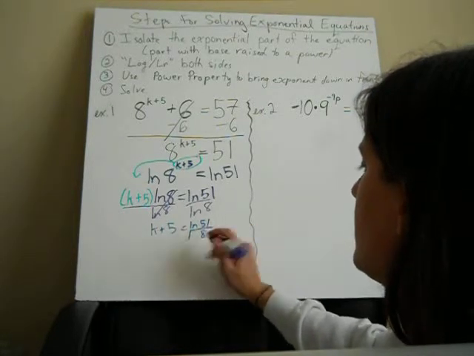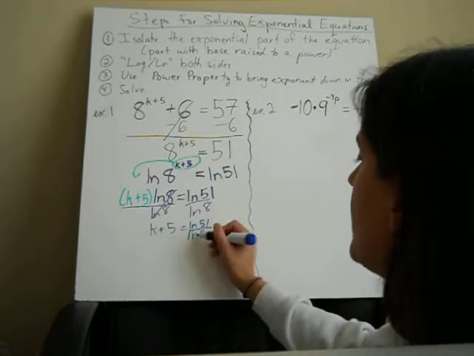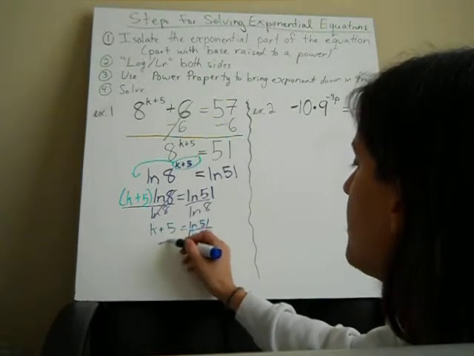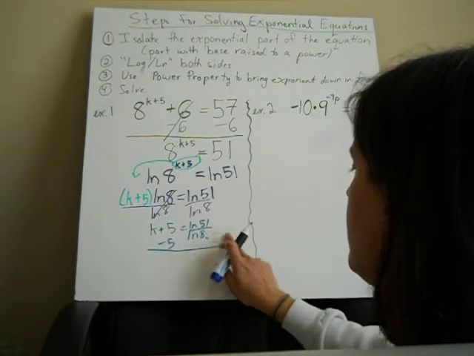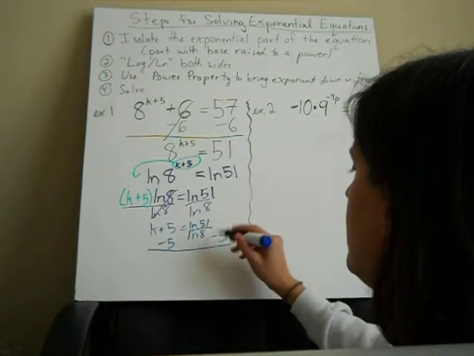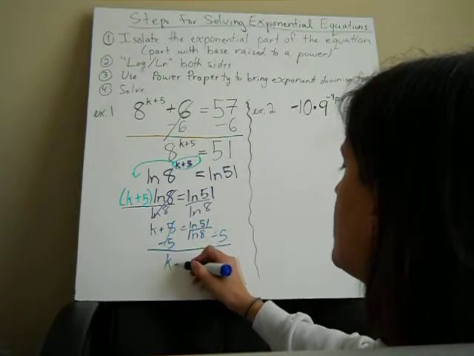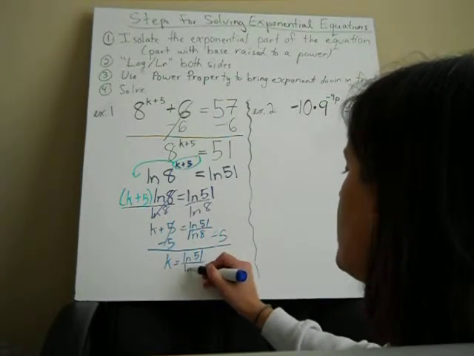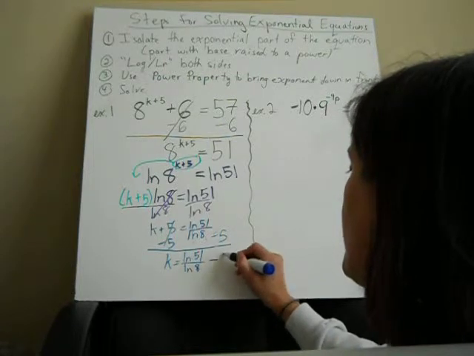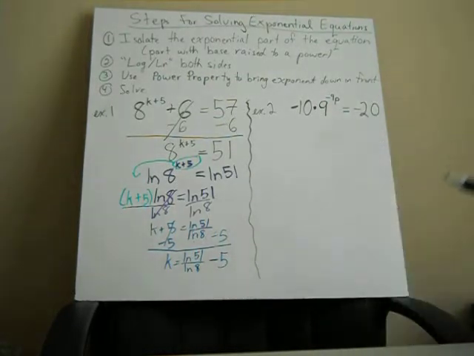And it's supposed to be natural log. And then, last step, to solve for k, I'm going to subtract 5 from both sides. And that gives me that k is equal to the natural log of 51 divided by the natural log of 8, with 5 being subtracted from that whole thing.